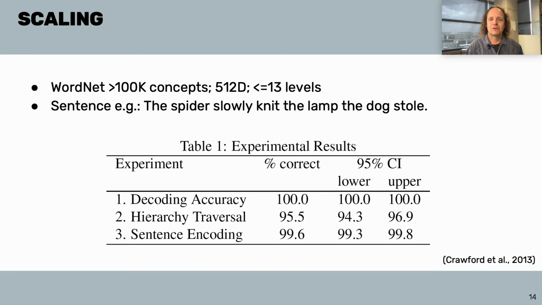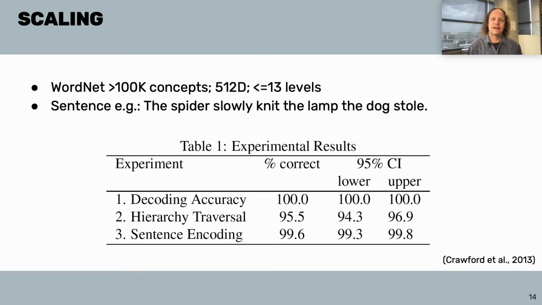The spiders slowly knit the lamp the dog stole. And as you can see, these are randomly generated because we're really just taking verbs and adjectives, nouns, and so on, and combining them into something that's grammatically appropriate, but of course not necessarily semantically appropriate. But then we can see that using these VSA techniques, we can in fact extract all of the relevant representations, identify them within our cleanup memory with over 99% accuracy.